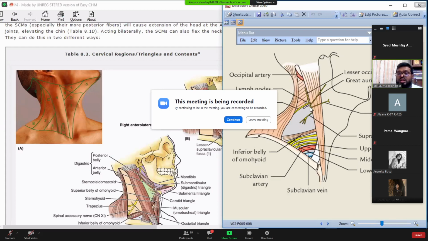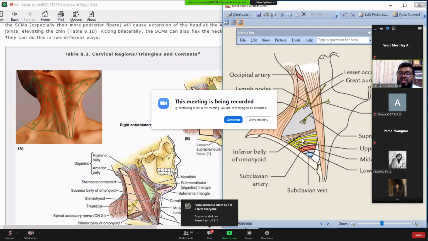So these are the contents in the occipital triangle, and below the inferior belly of the omohyoid muscle, as someone has already mentioned, is the brachial plexus, a very important thing. As you know, the brachial plexus has the upper trunk, middle trunk, and lower trunk.